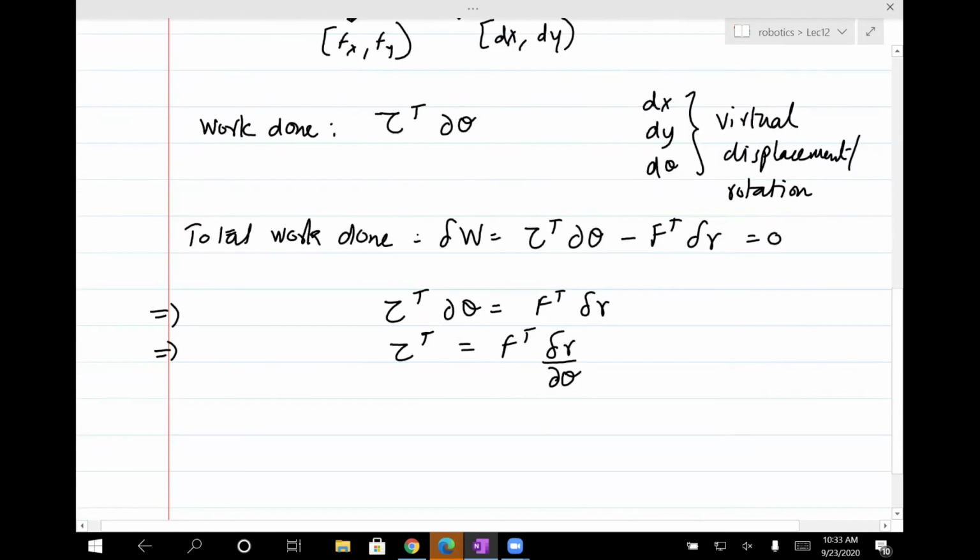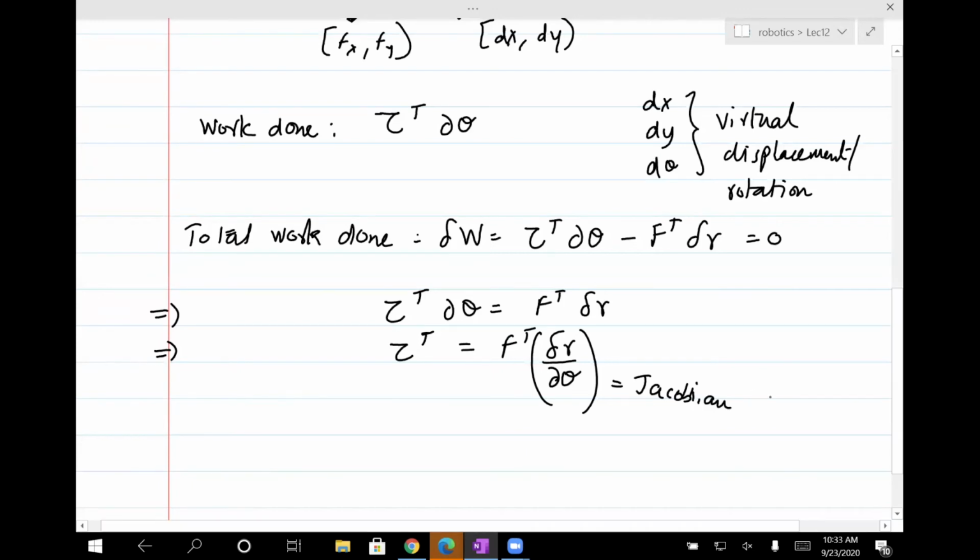Okay, so you can see that dr by d theta for a system like a manipulator is nothing but the Jacobian. It's the Jacobian because in the numerator you have the Cartesian position x, y, and in the denominator you have the degrees of freedom, which is theta.